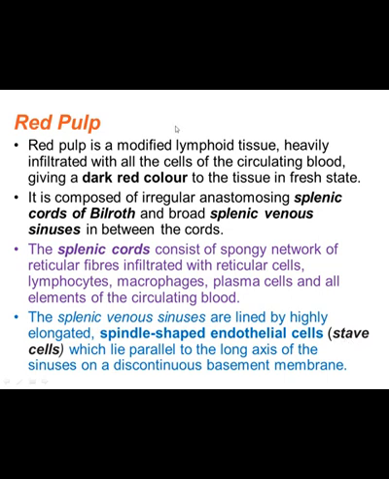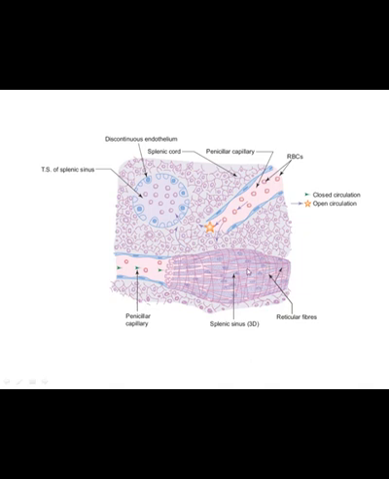These cells lie parallel to the long axis of the sinuses on a discontinuous basement membrane. Here we can see in a 3D picture these spindle-shaped cells lie along the long axis. And in cross section, this splenic sinus shows discontinuous endothelium.